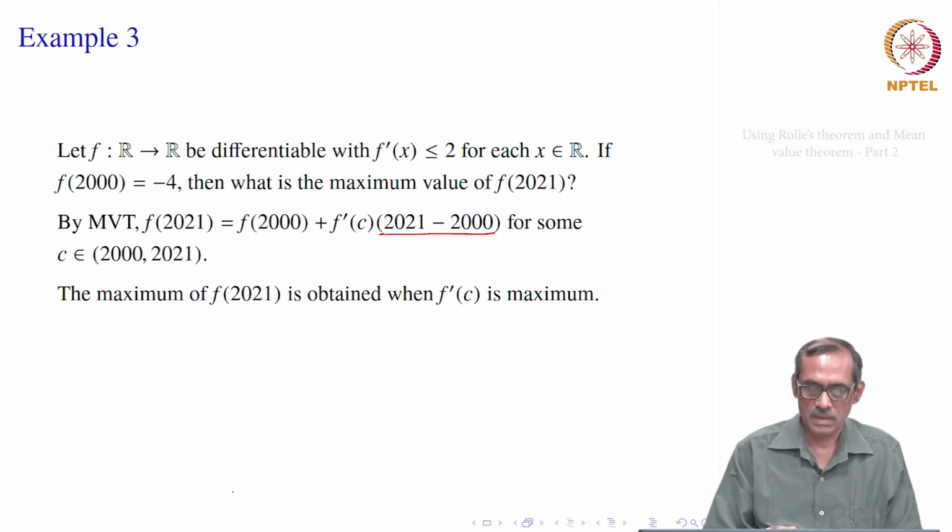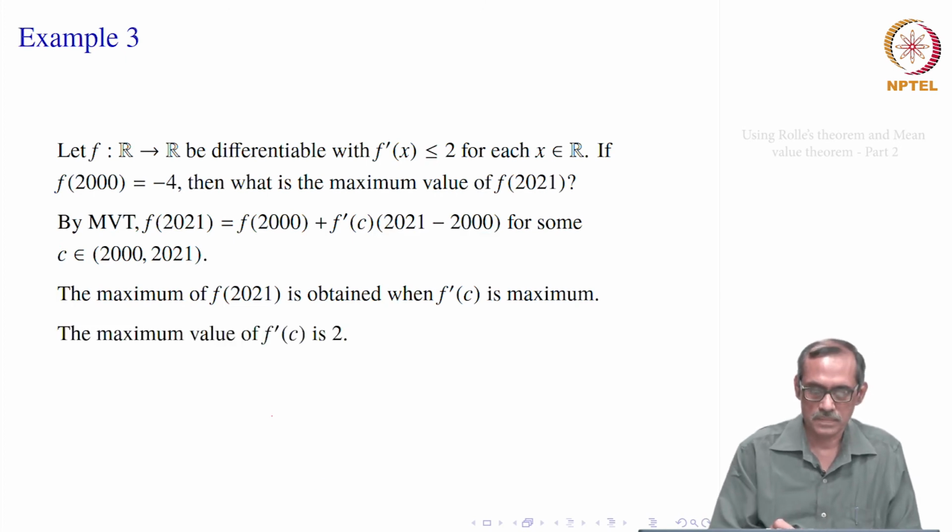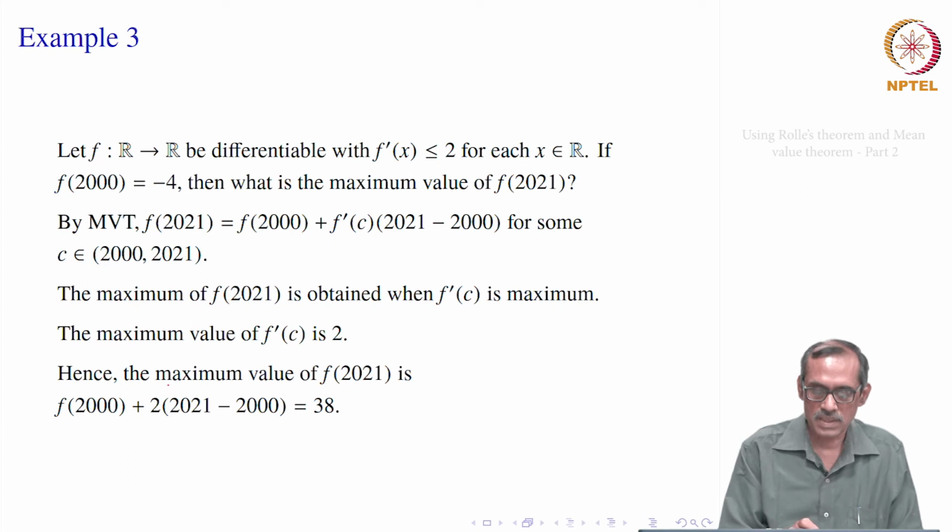The maximum is obtained when f prime c is maximum, so we take that as 2 itself. So, we get the maximum value of f of 2021 by substituting 2 here: f of 2000 plus 2 into 21, which is minus 4 plus 2 into 21, which is 38.